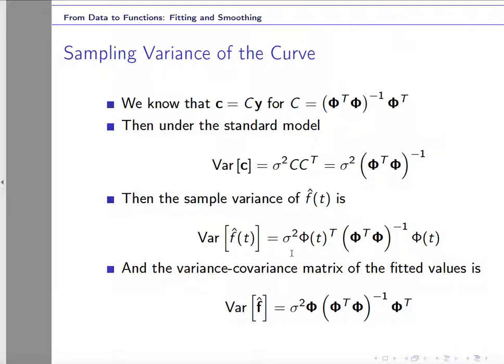Is that a consistent estimator, or is it conditional on the number of basis functions you are using? Yeah, I think this will be a consistent estimator, because there are some asymptotic properties for this fit.